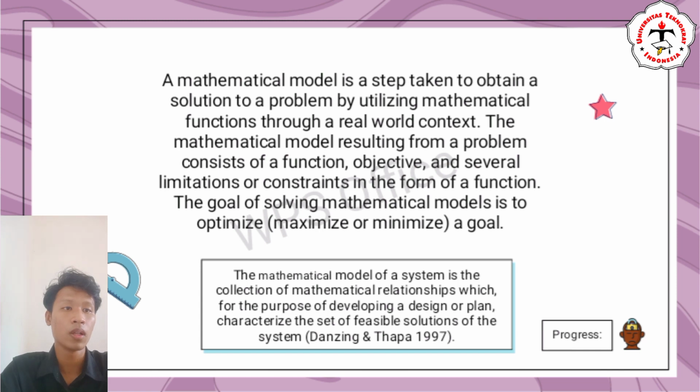The mathematical model of a system is the collection of mathematical relationships which, for the purpose of developing a design or plan, characterize the side of a feasible solution of the system, from Dezing and Tapa in 1997.